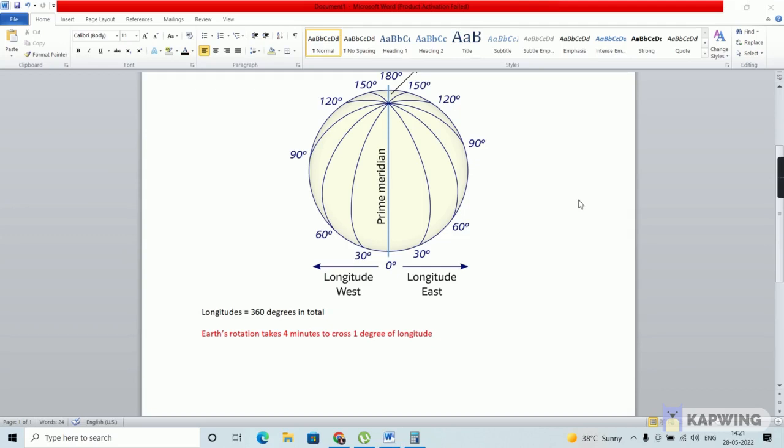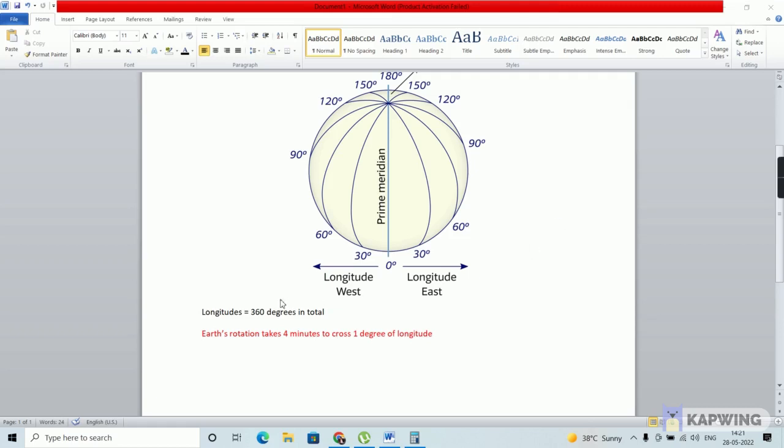So we have come to know that the time taken to traverse 1 degree of longitude is 4 minutes. If you want to compute the time taken to traverse the entire globe, we just multiply 360 degrees by 4 minutes. Since the time taken to traverse 1 degree is 4 minutes, multiplying 360 by 4 minutes gives the time taken to traverse the entire globe.